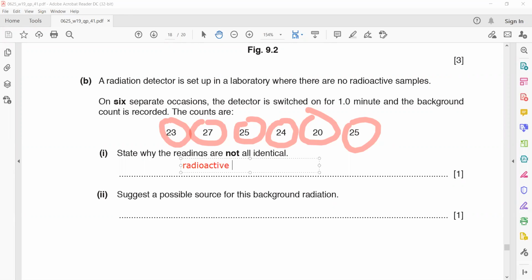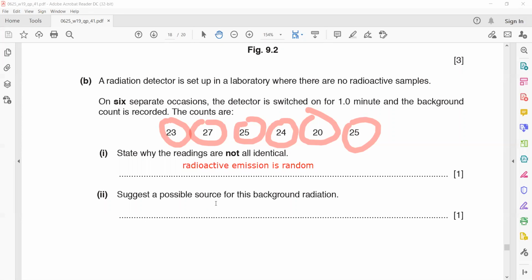Even though we have background radiation, detected from the background, it is still random, sometimes more, sometimes less.